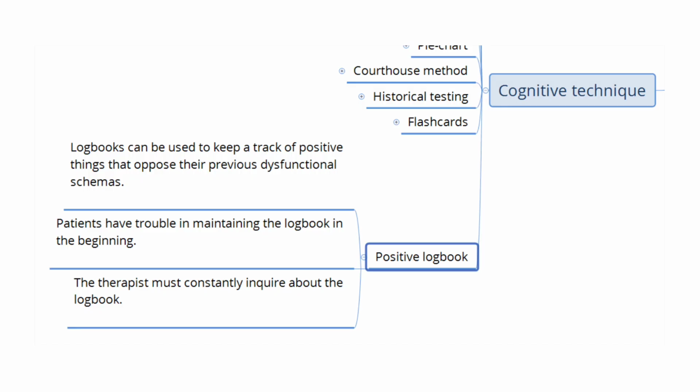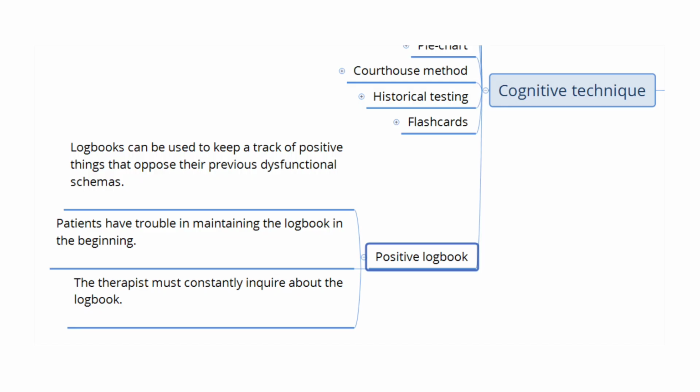Apart from this, patients do not tend to include situations in which their response was good, however the result was not what they wished. For example, the patient may have told her mother in a very appropriate manner that she did not like that she did not listen to her when she came back from the office.